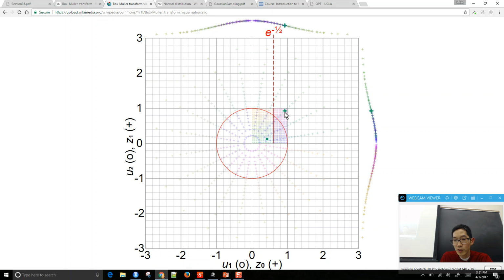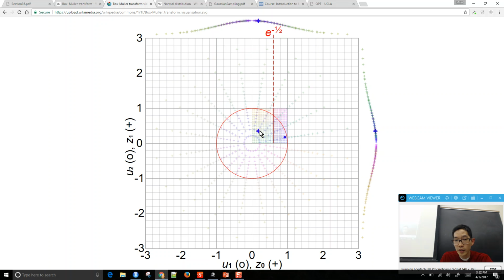So for each one of these, if we keep the same value for one of our uniforms and go up and down in the other, we see we're just going around the circle here, okay? We're just moving around the circle.